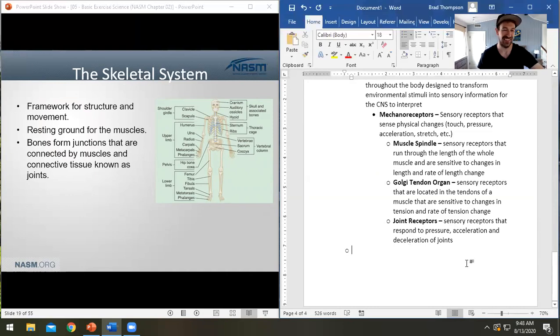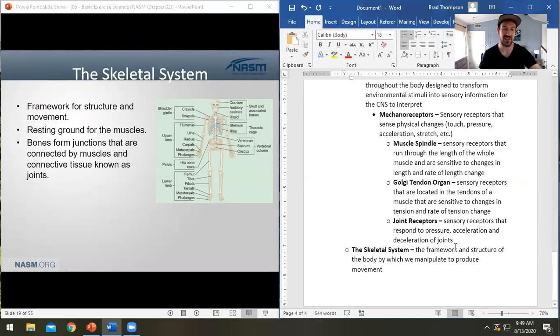Thank you. Cool. All right, so our skeletal system. This is the second part of our kinetic chain, at least second part for us today. The skeletal system is the framework and structure of the body by which we manipulate to produce movement.